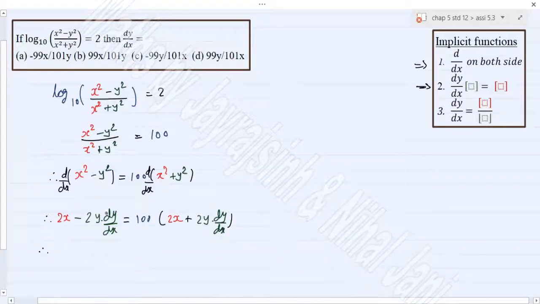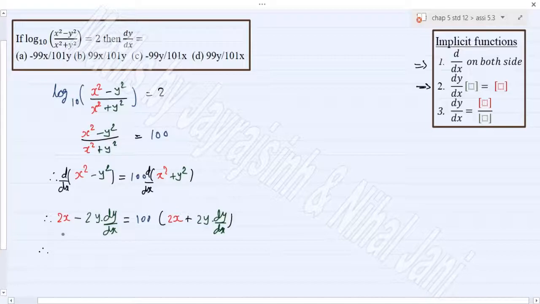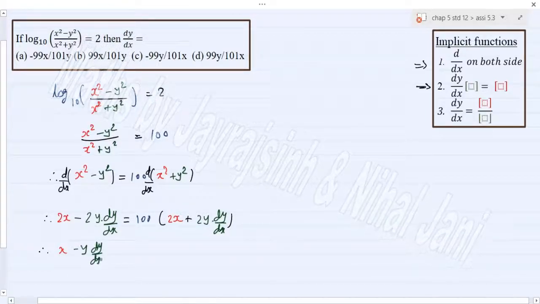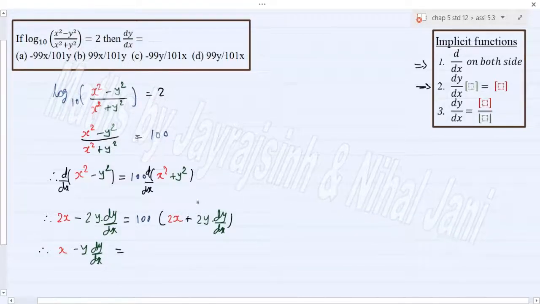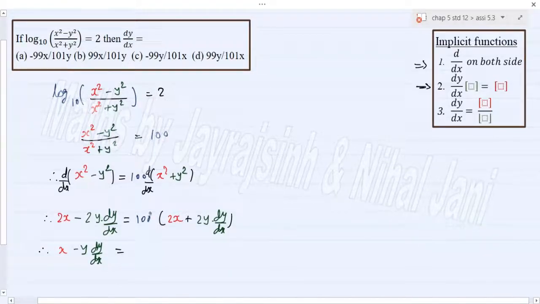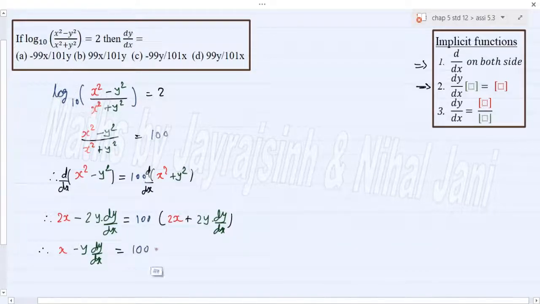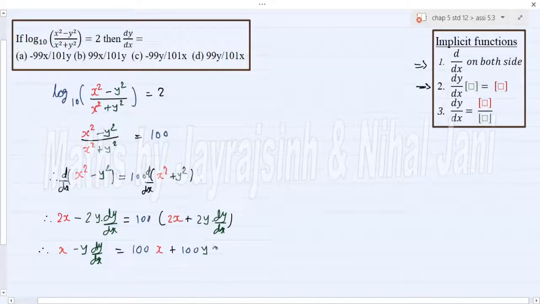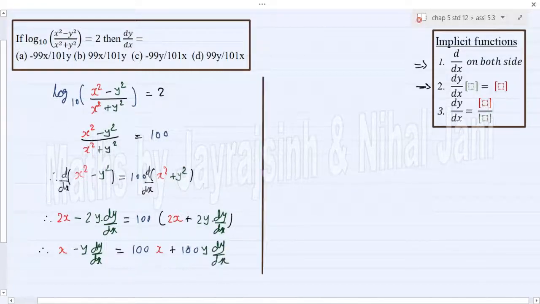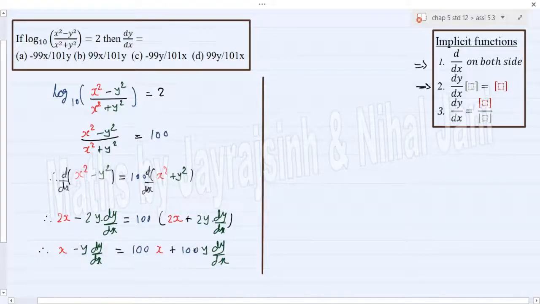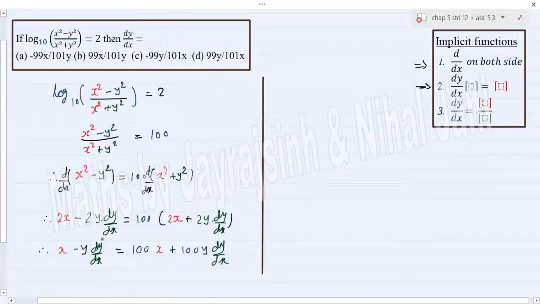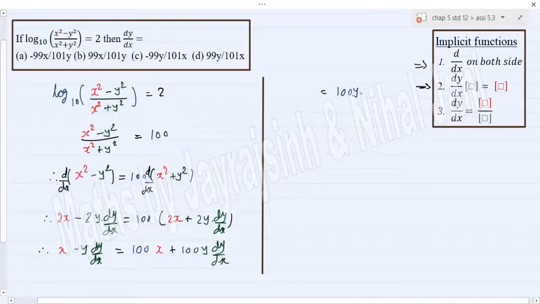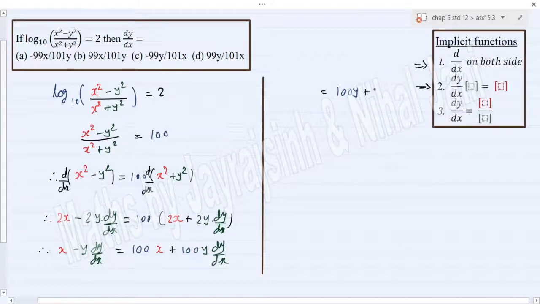So let's simplify. After taking 2 common, on the left hand side we will get (x − y dy by dx) is equal to, on the right hand side we will get 100x + 100y dy by dx. So let's collect terms of dy by dx. Take y dy by dx on the right side, we will get 100y + y.